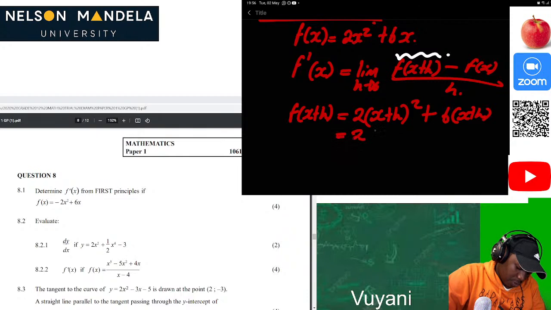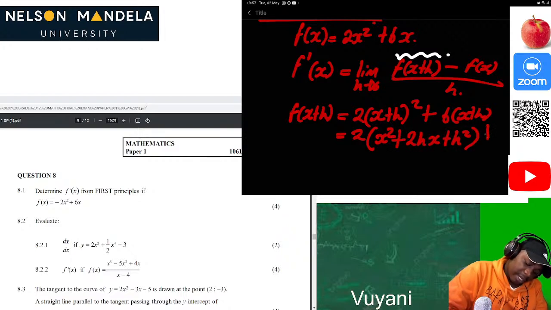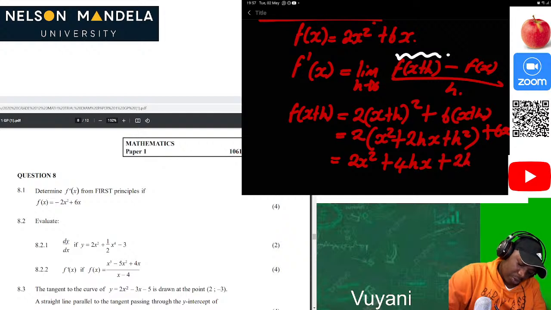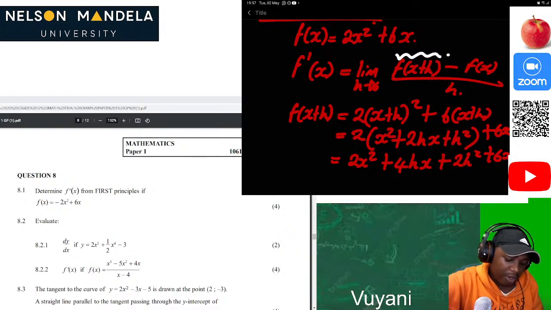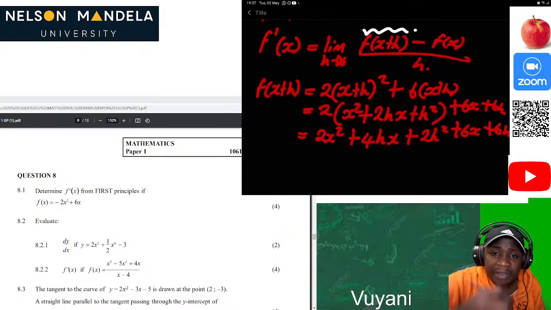Then this will be 2, and we expand that bracket: x squared plus 2hx plus h squared, plus 6x plus 6h. Great. Which is the same as 2x squared plus 4hx plus 2h squared plus 6x plus 6h. From that point, we can see that we have our value of f of x plus h.